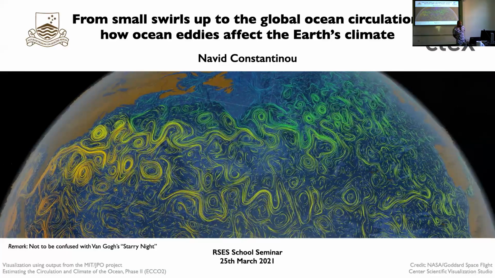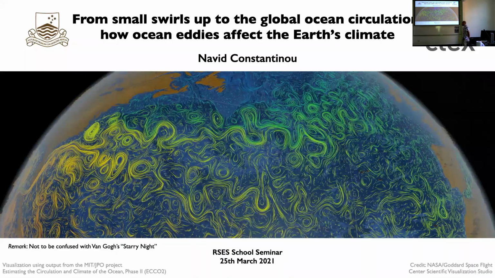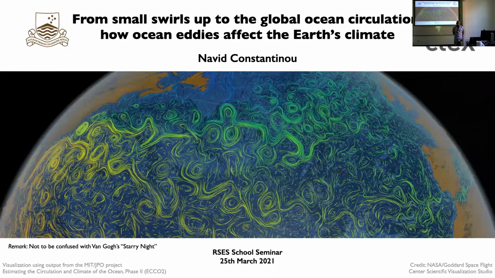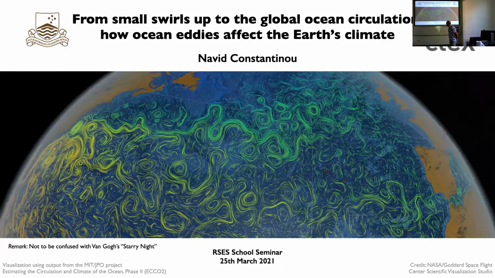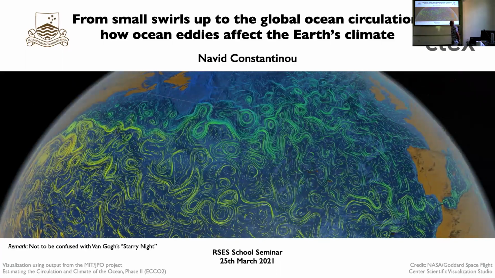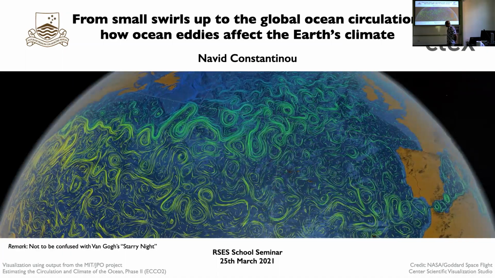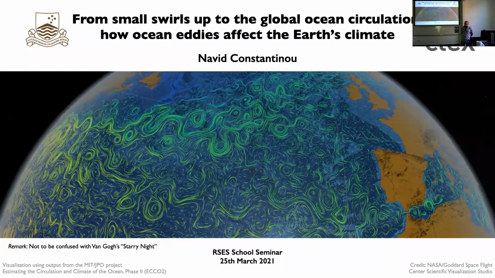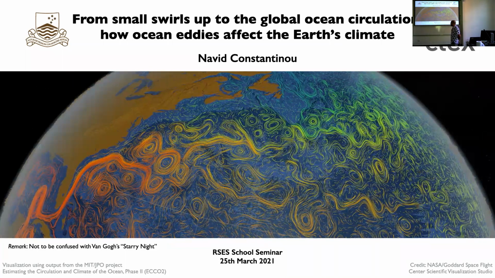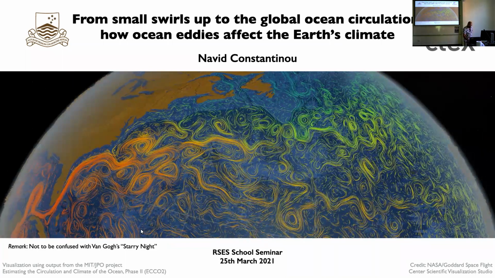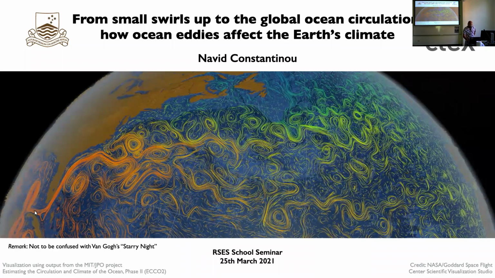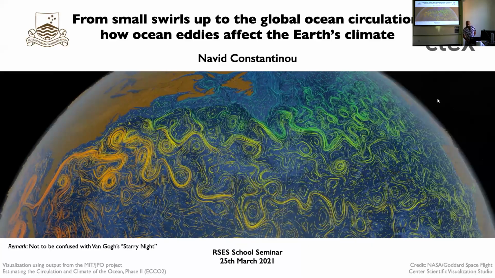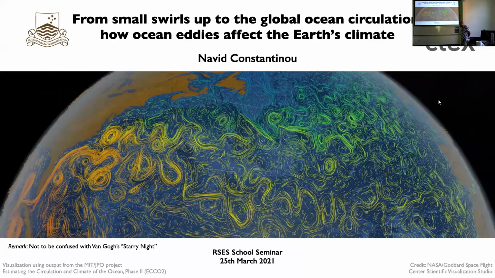Anyway, so I'll be talking about eddies and how they affect the Earth's climate. What I'm showing you here is a snapshot of the ocean circulation in the North Atlantic. What you can immediately see is this big basin-wide feature we call the Gulf Stream, a big current going from Florida or Haiti all up to Europe.